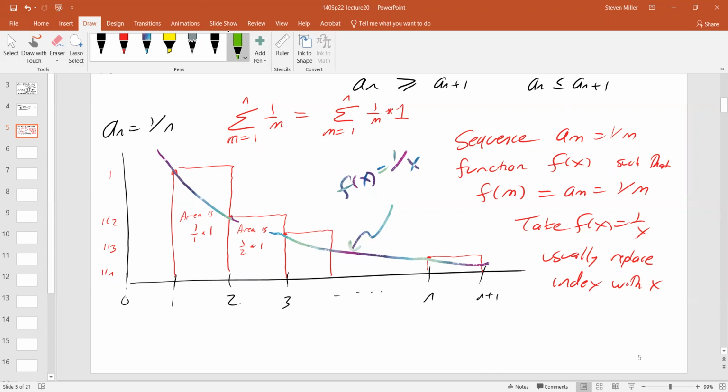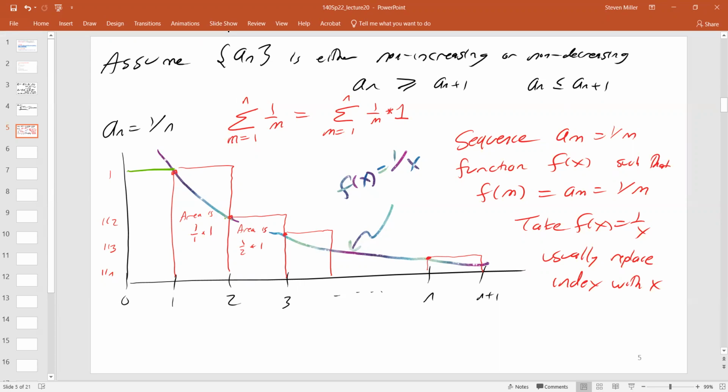So if I draw it the other way, then the function is going to have a larger area than the area under the boxes, except for the fact that I don't have the first box anymore.